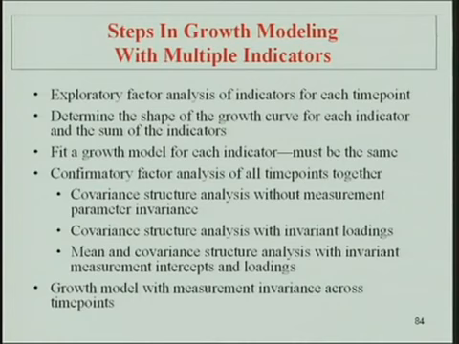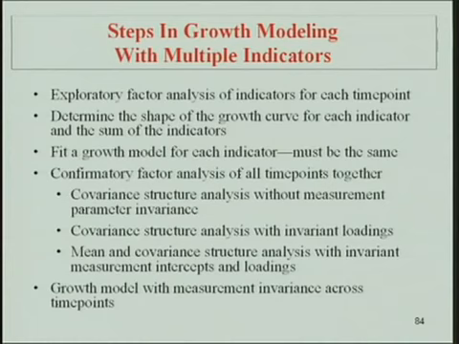Then you determine the shape of the growth curve for each indicator, do the growth modeling for each indicator, and the sum of the indicators can be used too as just a simple down-to-earth proxy for the factor. Summing up these three items will be a proxy for the factor value here, which means that you would do a regular observed variable growth model. That's useful to do, even though it's not exactly what you want to do.